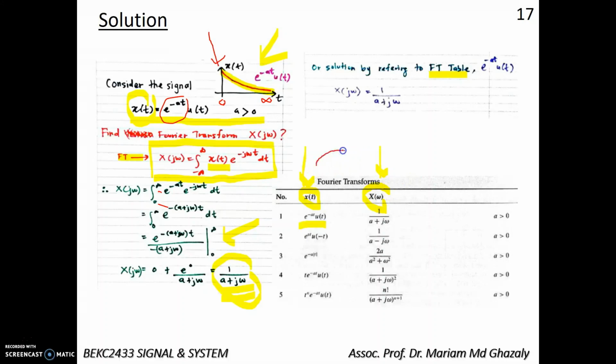So X(ω) is the Fourier transform. Directly from here you can get your answer, 1 over a plus jω, which is equivalent to what you proved in the beginning, right?